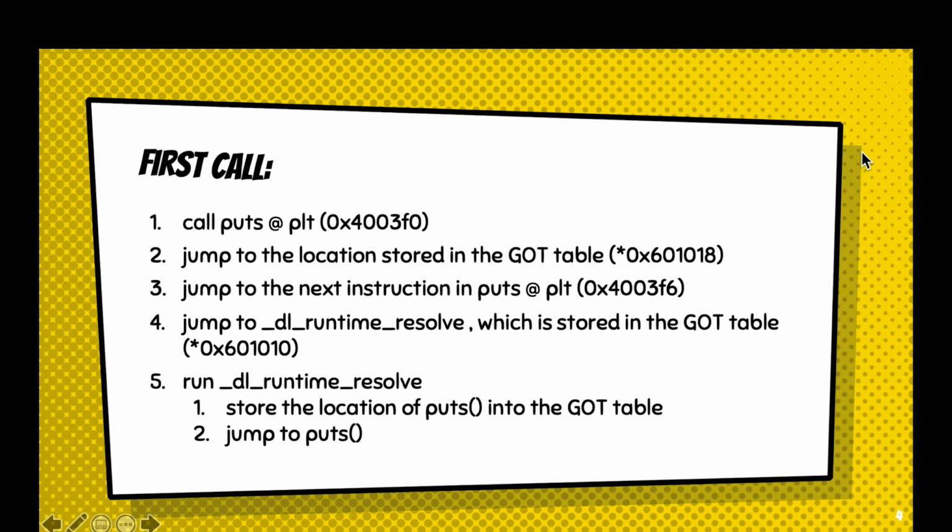At the first time, the global offset table stores the next instruction of puts at PLT. So in this case, it will jump back to the PLT section.